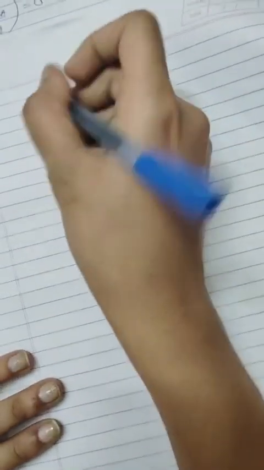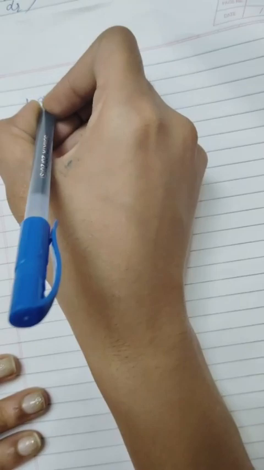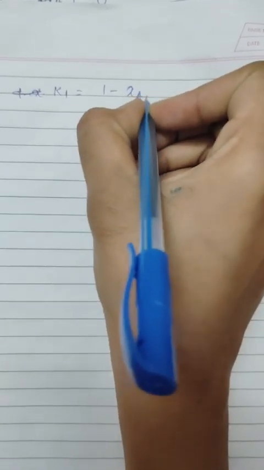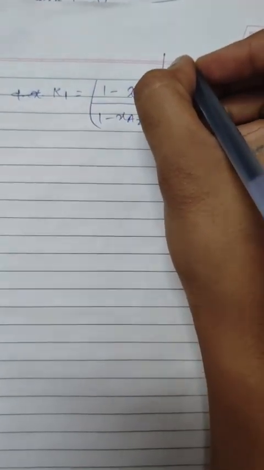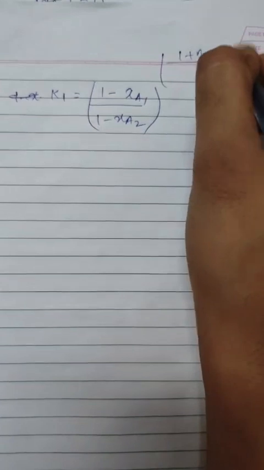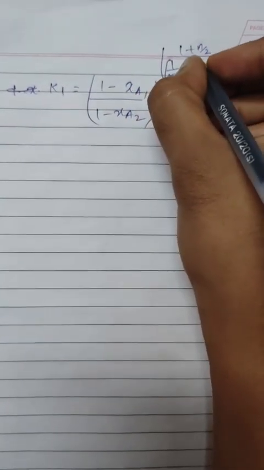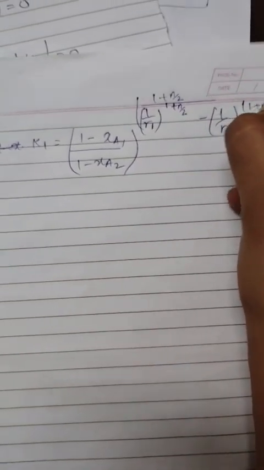Solving for K1, this will give us K1 is equal to 1 minus X_A1 upon 1 minus X_A2 whole to the power 1 plus n by 2 upon 1 upon r1 to the power 1 plus n by 2 minus 1 upon r2 to the power 1 plus n by 2.